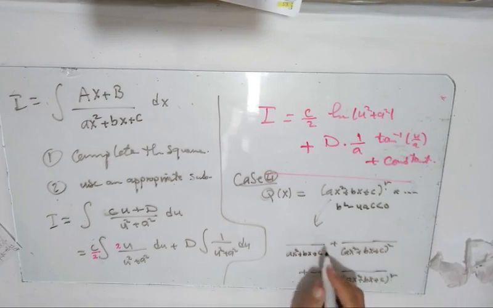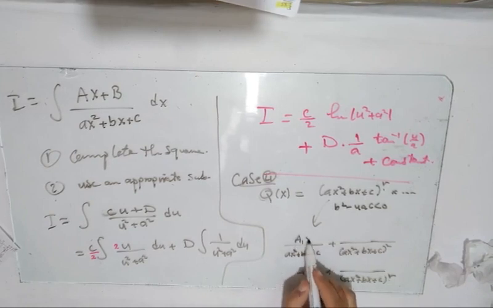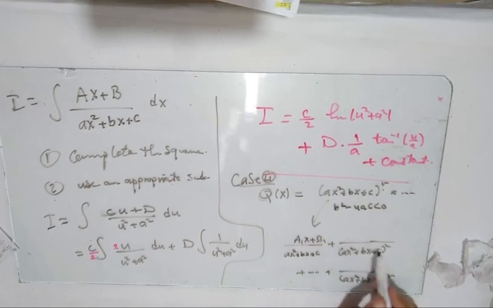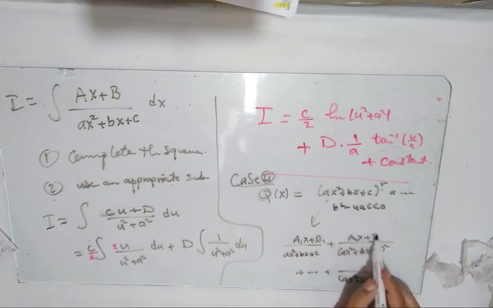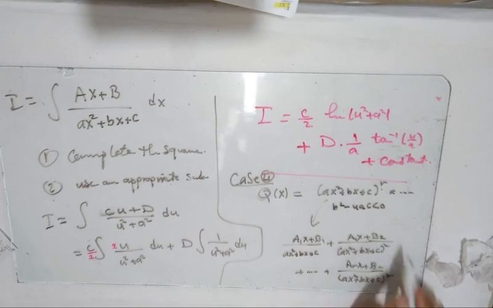And in the numerator, as usual, since this is quadratic, you will write a linear expression, for example a1x plus b1, and again, looking inside the bracket, a2x plus b2, and here arx plus br.